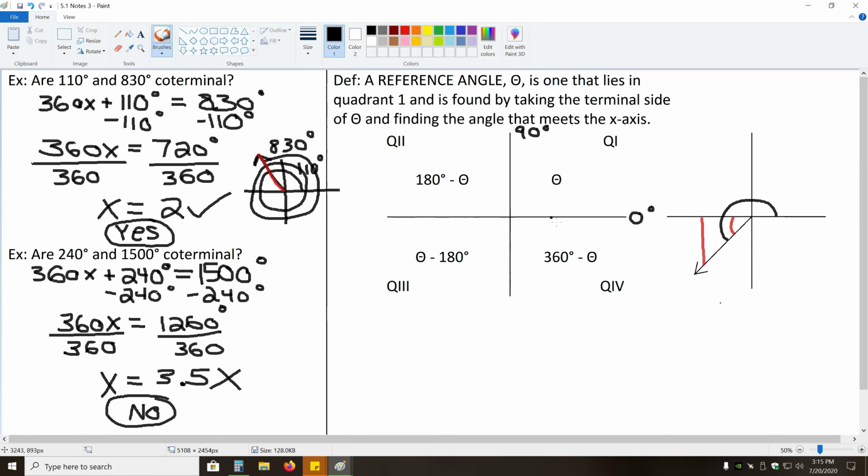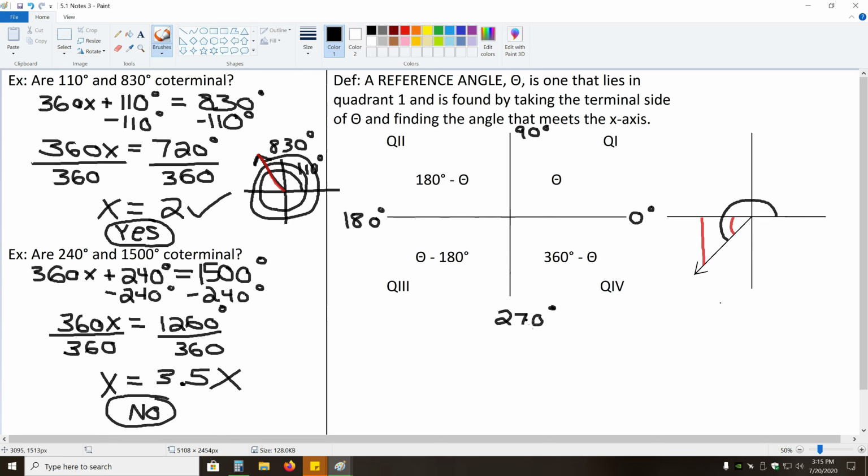If your angle lies on these quadrantal angles, so on the x or y axis, then you can use either formula. So for instance, if your angle is right here, so this is 270 degrees, this is 180, just to make a note.